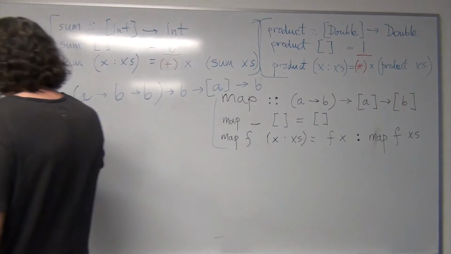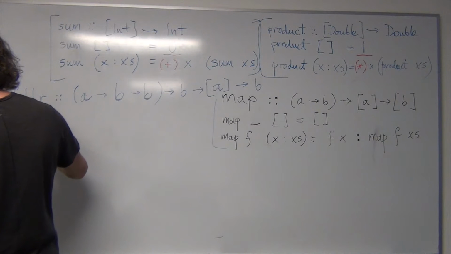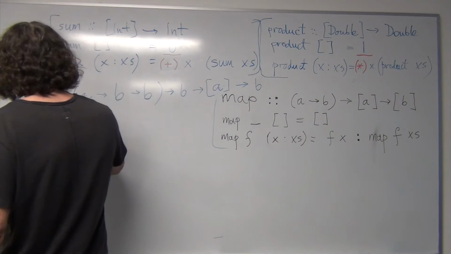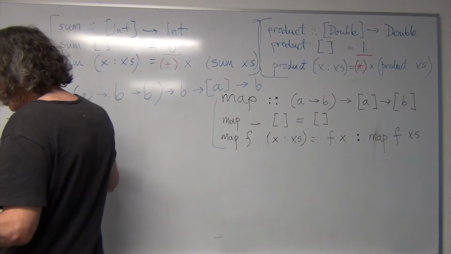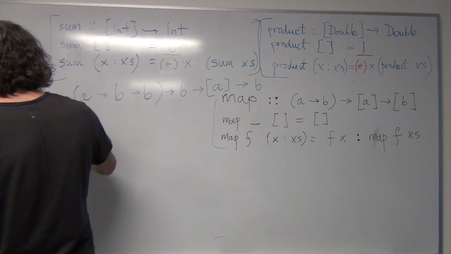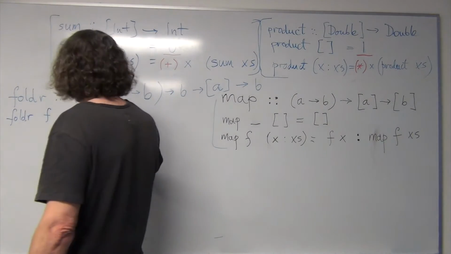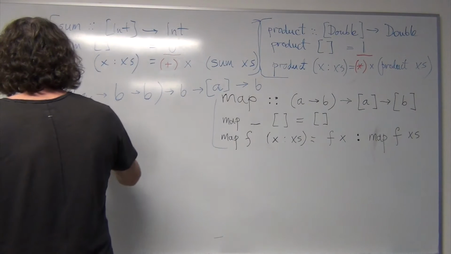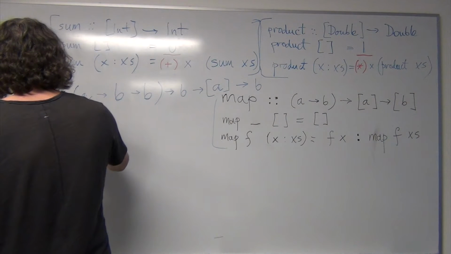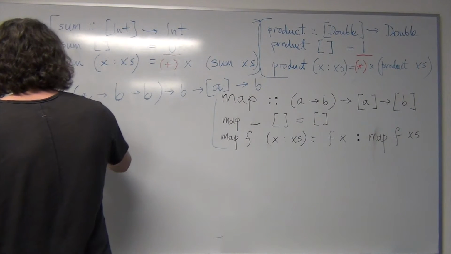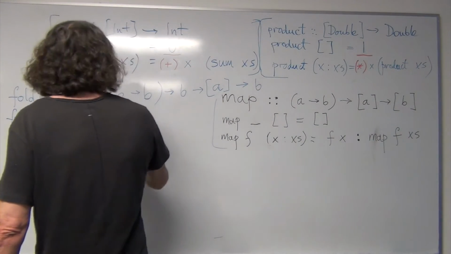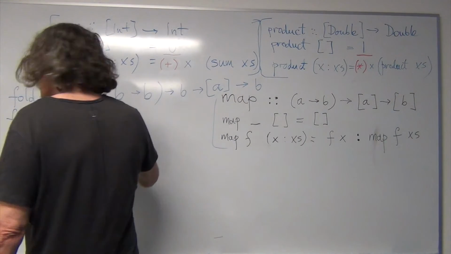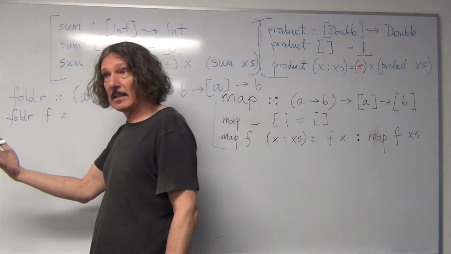Now the implementation of foldR. So we provide this function, what do I call it, f? Yeah, I'll call it f. It's a 2-argument function, right? So we provide the function, we provide the initial value of the accumulator, let's call it z for 0, and we provide a list, and now we have to do pattern matching on the list, right?